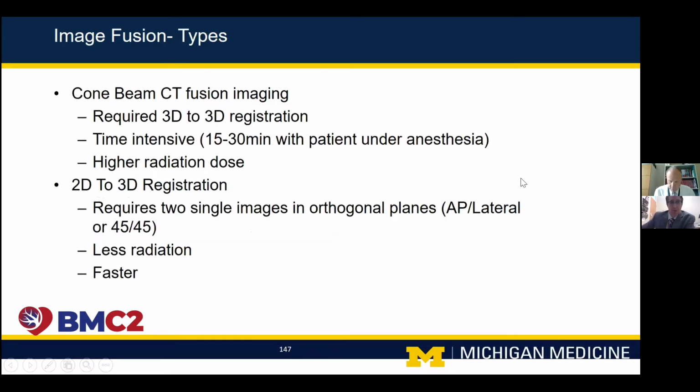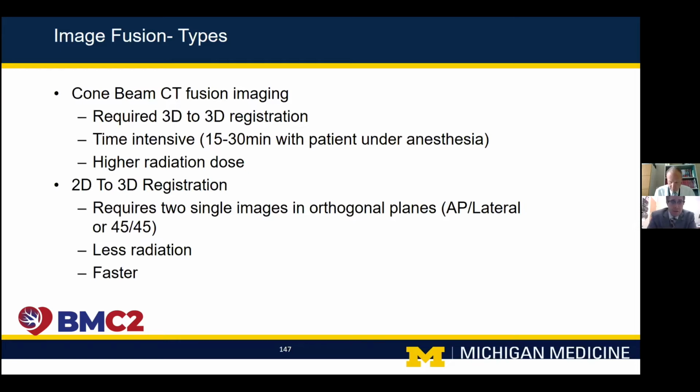Since that time, it really has evolved a lot from the idea of using a cone beam CT, an on-table CT with your hybrid C-arm, to now performing 2D to 3D registration with just two single images in orthogonal planes, meaning an AP and a lateral, or what I would advocate for is 45-degree LAO RAO projections to be able to get a good overlay of your bony landmarks, which then allows you to fuse your preoperative CT scan to the patient on the table.